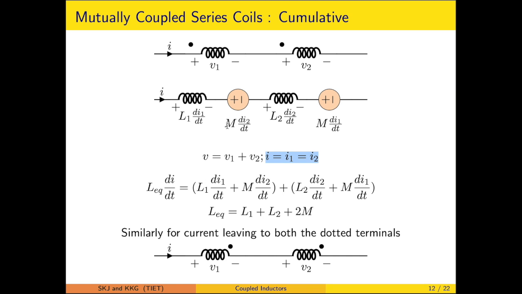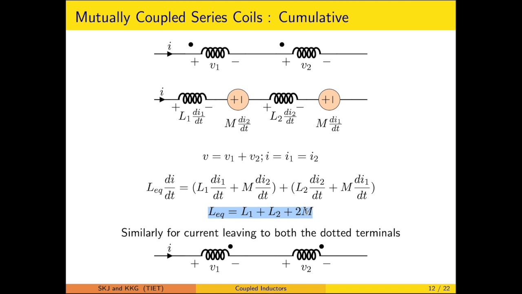The induced EMF we are able to express with the help of mutual inductance and the rate of change of current in the other coil, plus self-inductance multiplied by the rate of change of current in the same coil. When I1 is equal to I2 is substituted, we are able to have the expression L equivalent is equal to L1 plus L2 plus 2M.